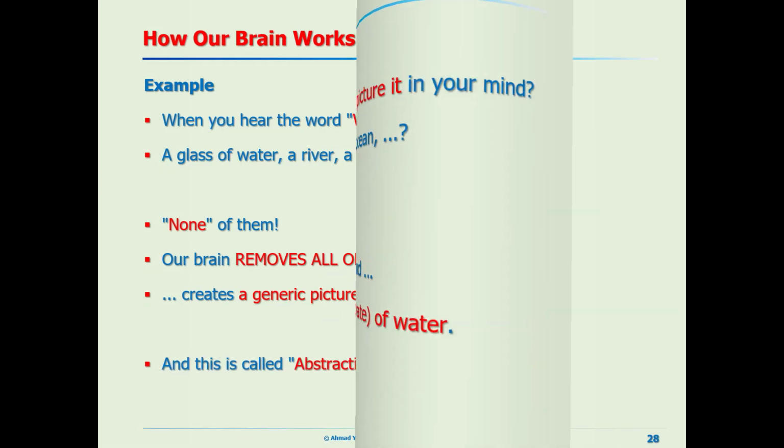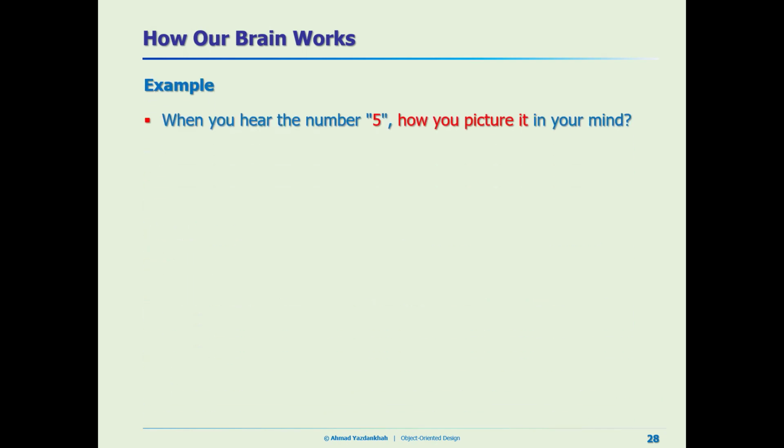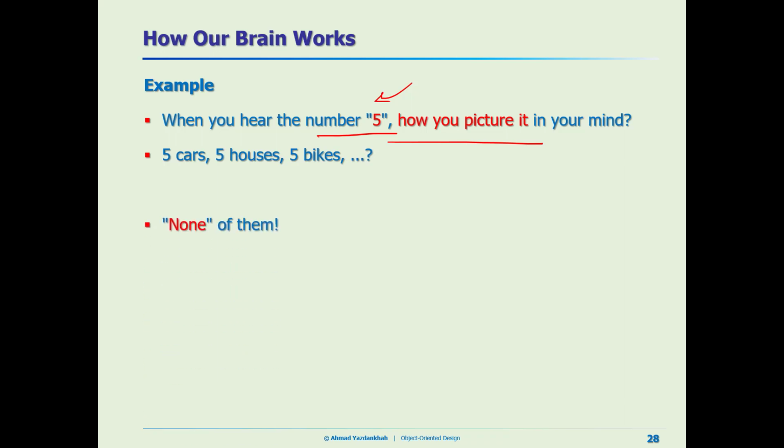Another example would be the number, let's say, five. Let's focus on the five. How do you picture it? Is it five cars, houses, bikes? Again, none of them.